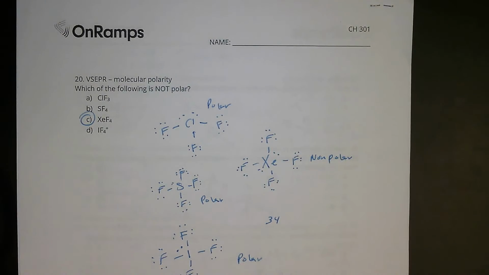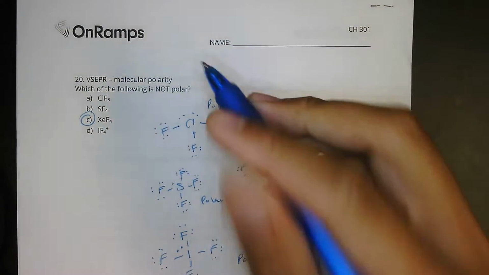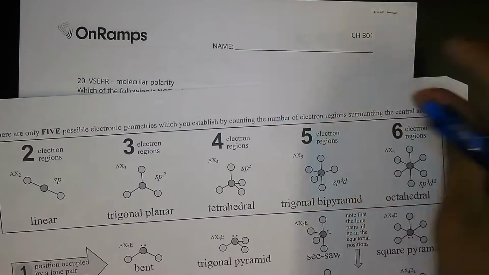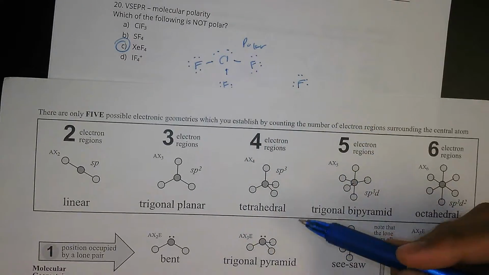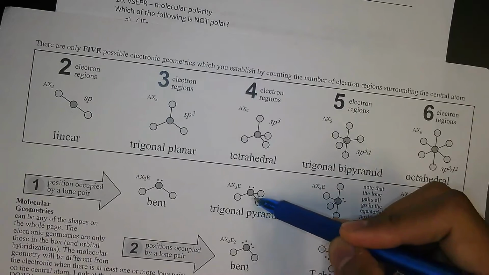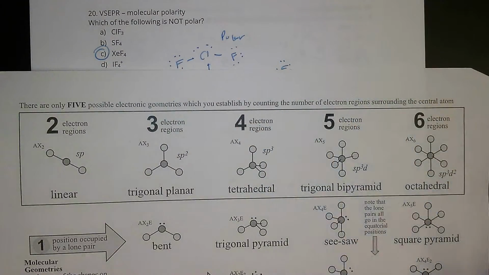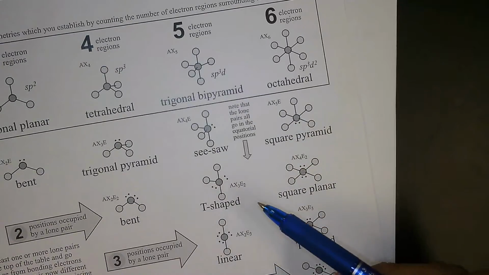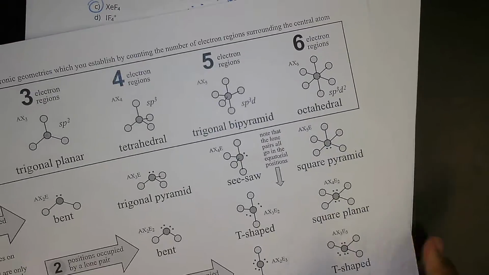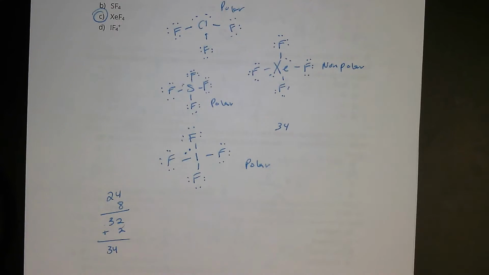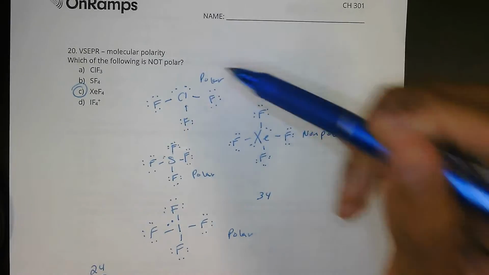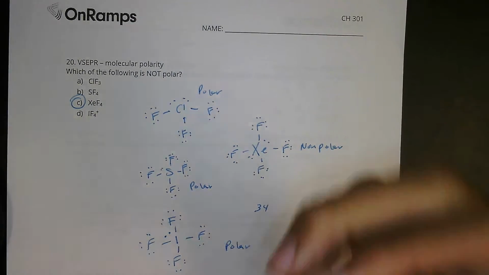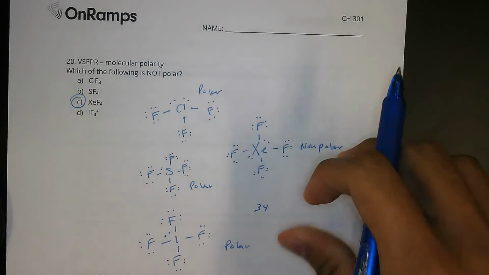Remember, whenever you have this type of shape, you have your 3 atoms bonded to the central atom, and then the 2 lone pairs, you would get this T shape over here. Because those electrons are not opposite of each other, and because you don't have a 4th fluorine here to even everything out, this would be a polar molecule.